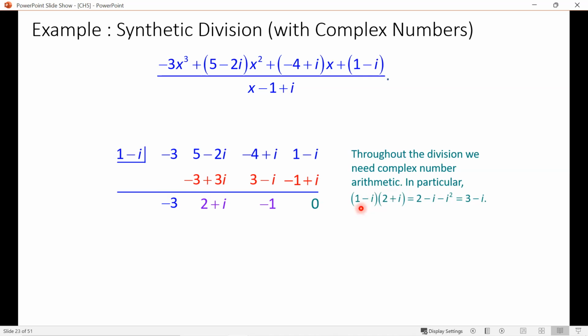The -i times i becomes negative i squared. Sorry, this first negative i came from 2 times negative i plus 1 times positive i gives us just a net negative i. But the negative i times i is negative i squared. i squared becomes -1. So we have negative -1, which is a positive 1. That positive 1 plus 2 is 3.